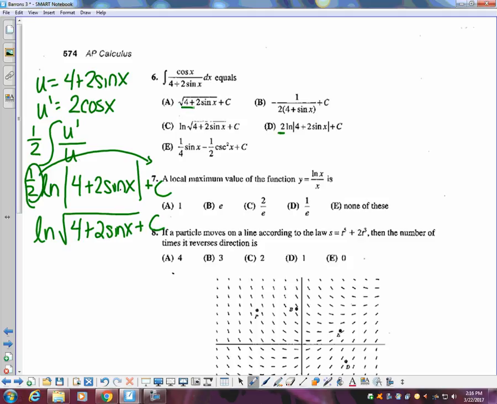So not this one, because he doesn't have the ln. I don't know what that one's doing. ln square root. Yep. Got it. So again, don't panic. Patience. Stick to your guns with your math, stay with your answer, see it through and use your log properties. Okay, now we're headed to number 13.